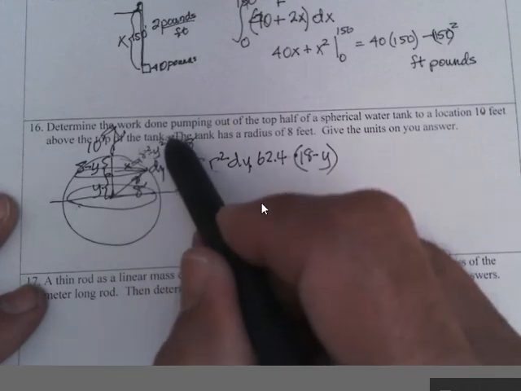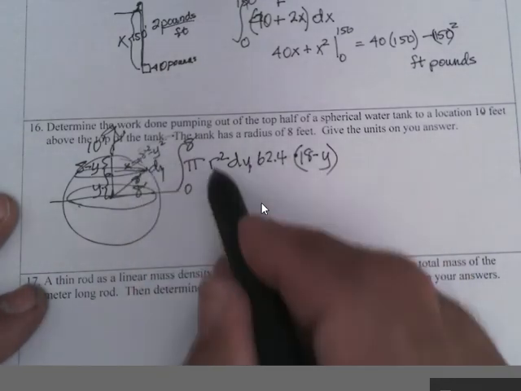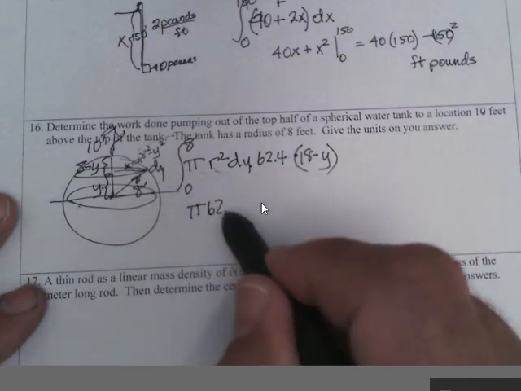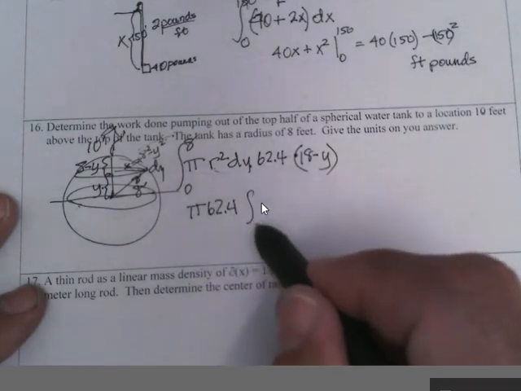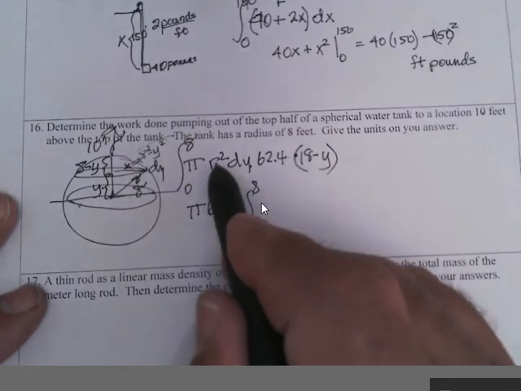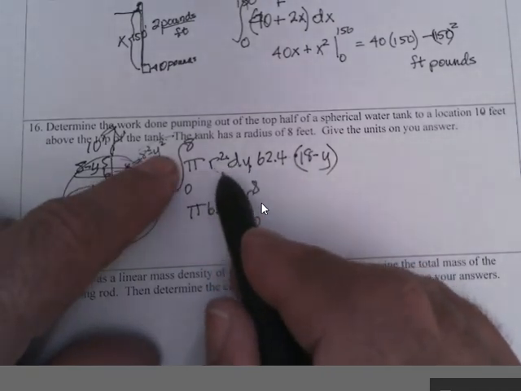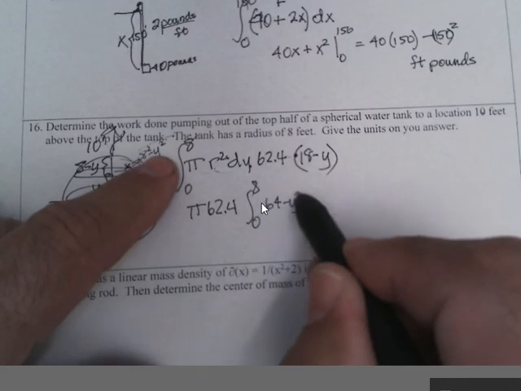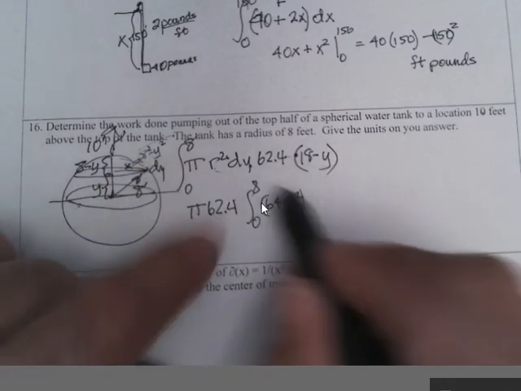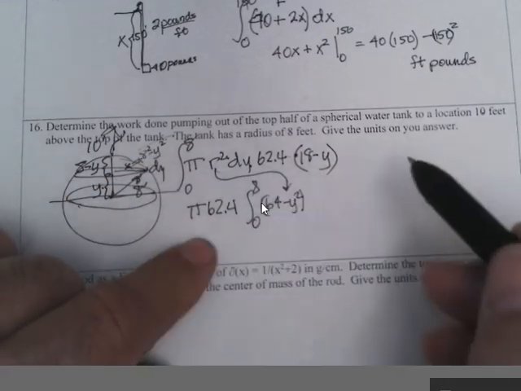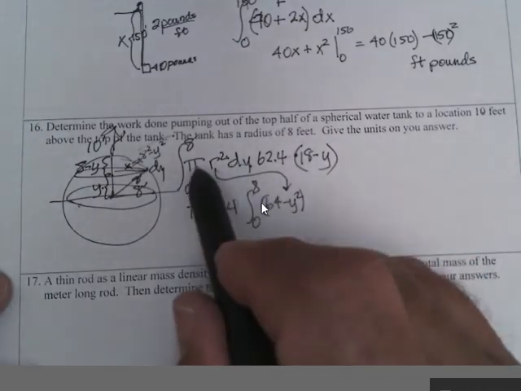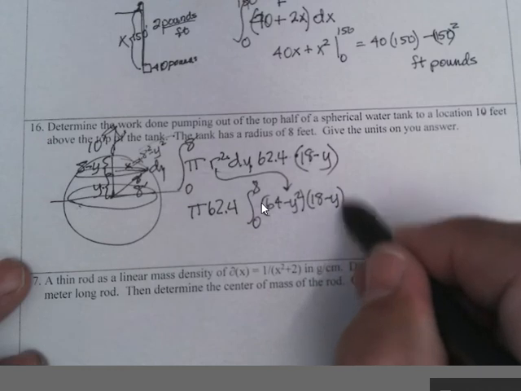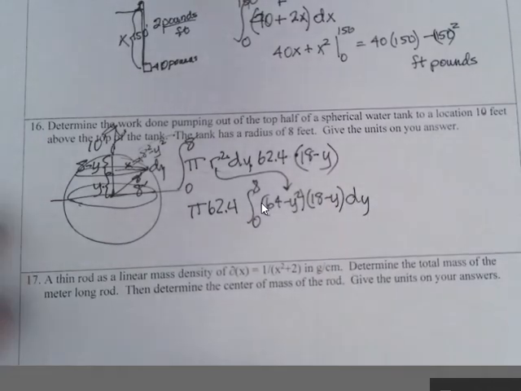Square root. But we want to square it, so it's going to be pi comes out, 62.4 comes out, integral 0 to 8 of 64 minus y squared, for that r squared, times 18 minus y dy.